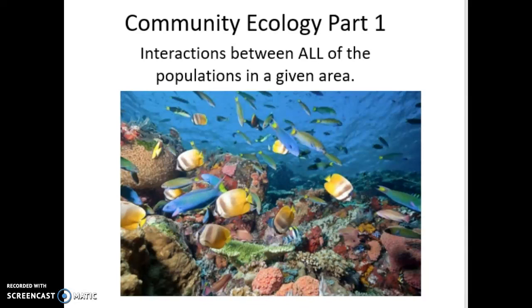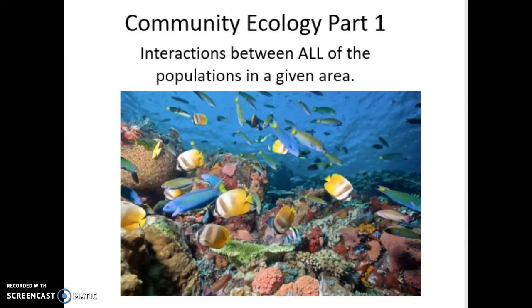Those are all populations that are part of your community. To ignore them is ignoring the majority of the community. So with community ecology, we don't want to focus on just a single population. We look at all of them and how they all connect.